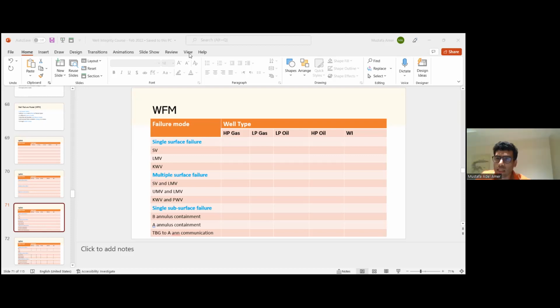What can I do if A annulus is on hold and B is producing to the surface behind the cellar? This one I can't tell. Sorry, I can't tell. Producing what? Producing hydrocarbons or producing water? I'm not sure what that is. No, I haven't faced this issue, to be honest.